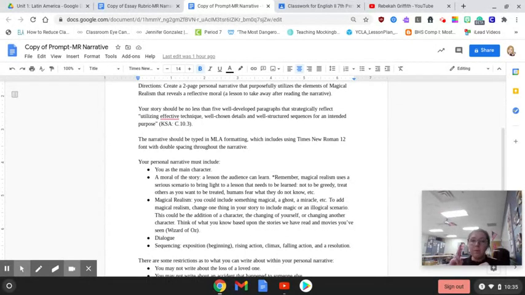But again, it needs to be 2 pages and have magical realism elements in it. So you as the main character, or if you are deciding to do a narrative, you can create a main character. You have to have a moral of the story, so a lesson that the audience can learn. And remember, in magical realism, the subject matter is a serious scenario to bring light to a lesson that needs to be learned.